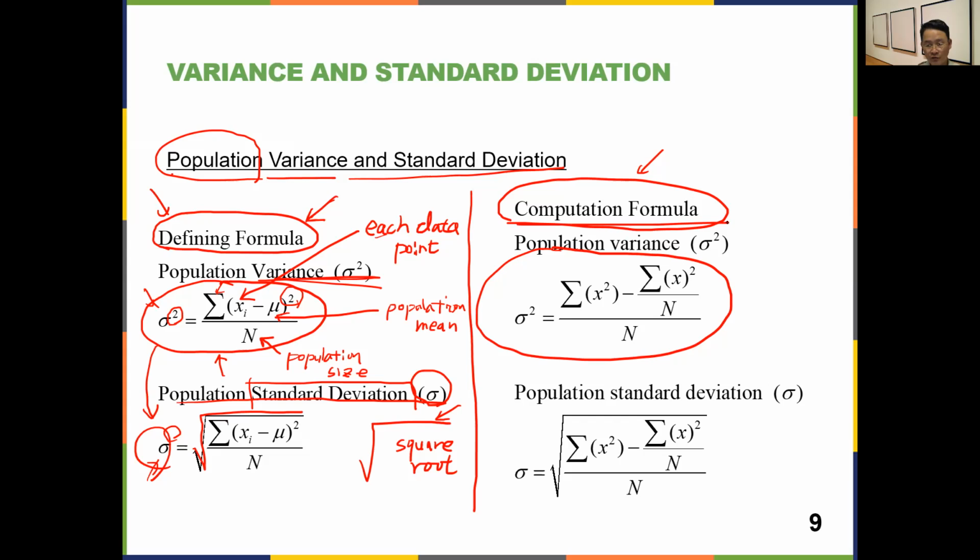Computation formula, however, look at this one right here. What does it do? Sigma means adding up. Adding up what? You square each data point, then add up. So let me say it in here.